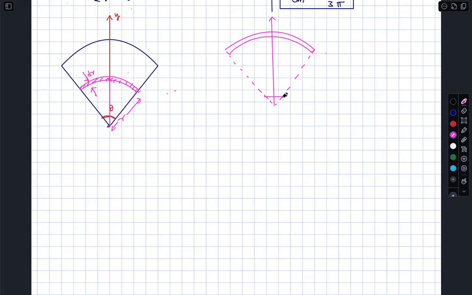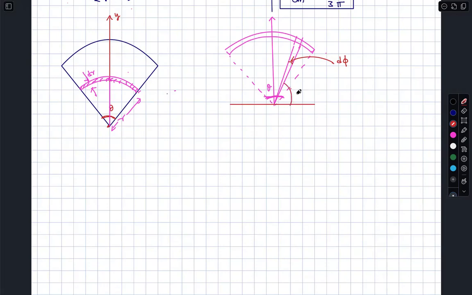Of course, I assume that the total angle is theta. Fine. So you take one element over here, and this element makes a small angle d phi.